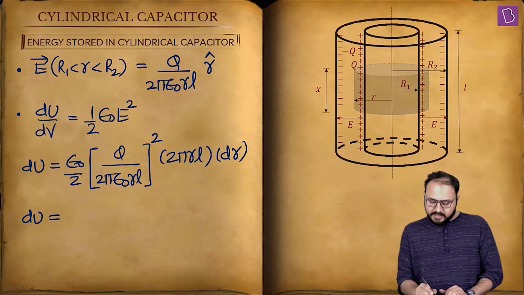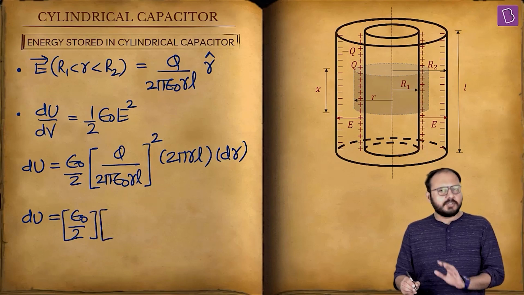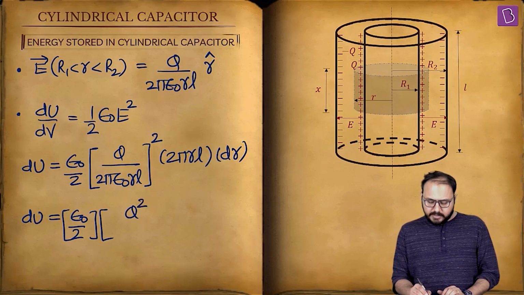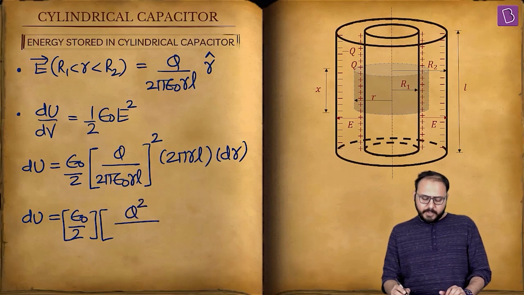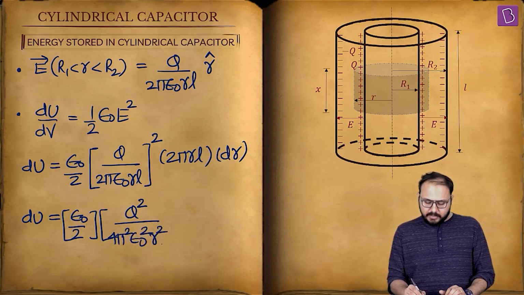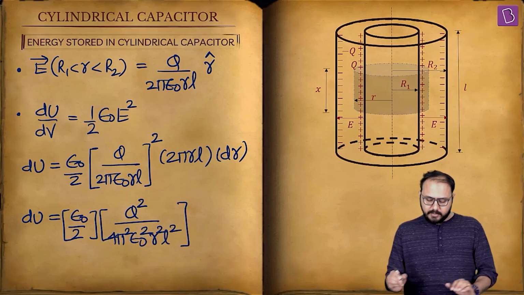So what I'm getting is epsilon naught by 2 separate. Let's not rush, guys. This is q square, right, sir? This is q square. Okay. What else are we getting? Sir, here we are getting 4 pi square epsilon naught square r square L square.